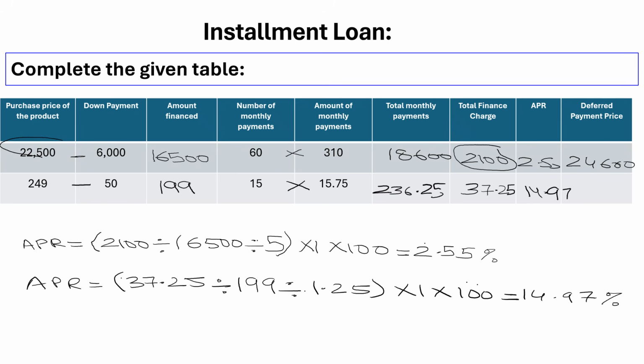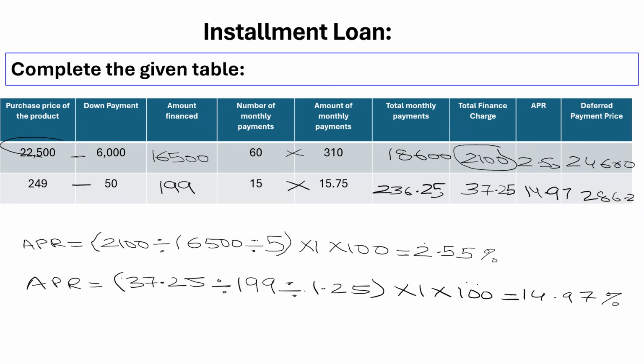Purchase price plus total finance charges. That means 249 plus 37.25. So it will come to 286.25. So this is how we calculate this table.